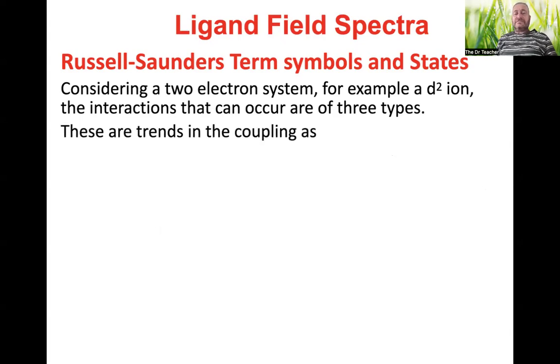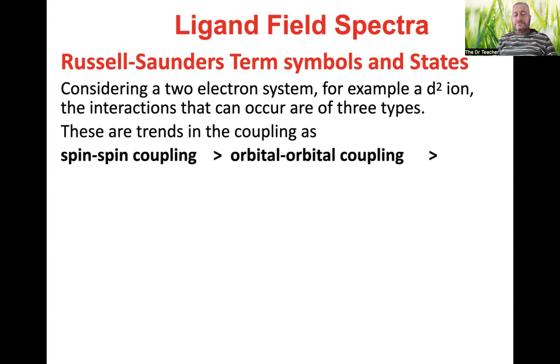These are the trends in the coupling: we have two electrons in the d2, and they can be coupled. There will be spin-spin coupling, orbital-orbital coupling, and spin-orbit coupling.